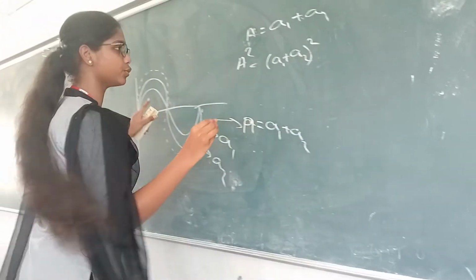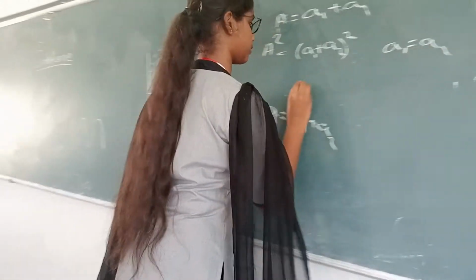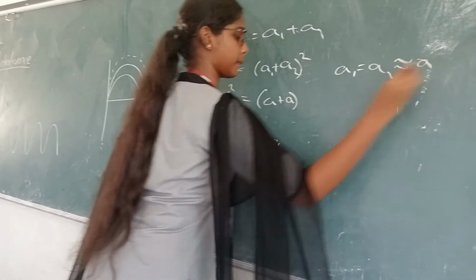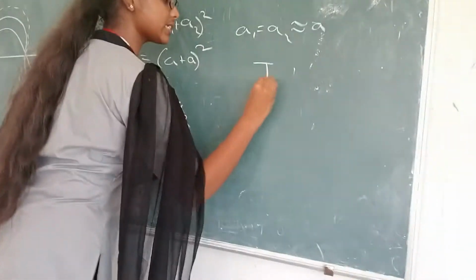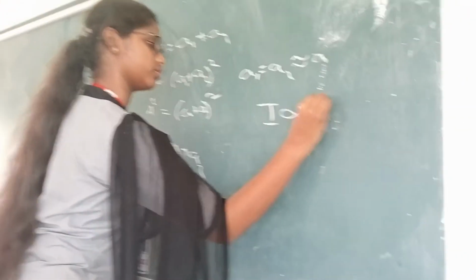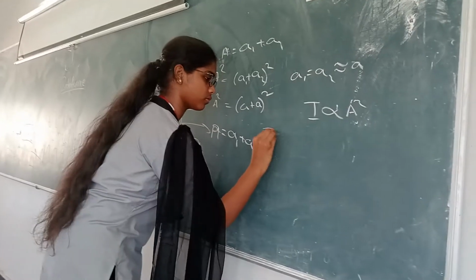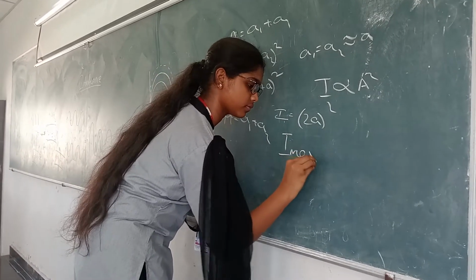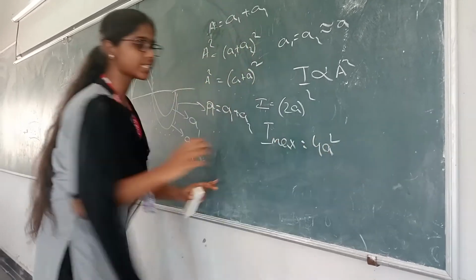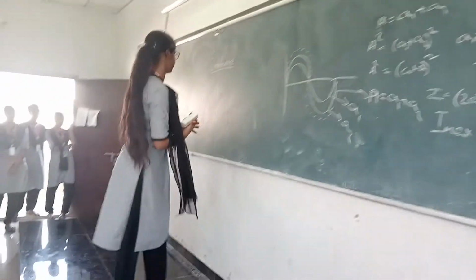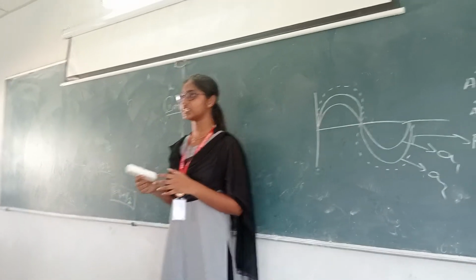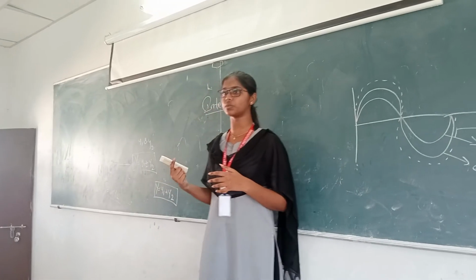Where A1 is equal to A2, and I is directly proportional to A square, and the resultant amplitude is 4s. An example is when music is playing, when two speakers facing together play the music, the volume that comes from them is much louder compared to a single one.